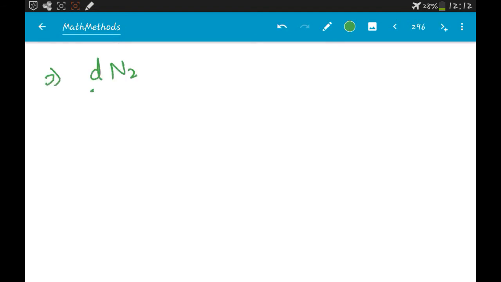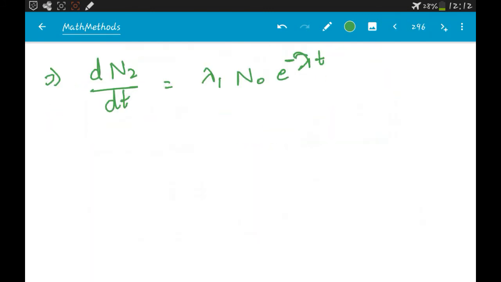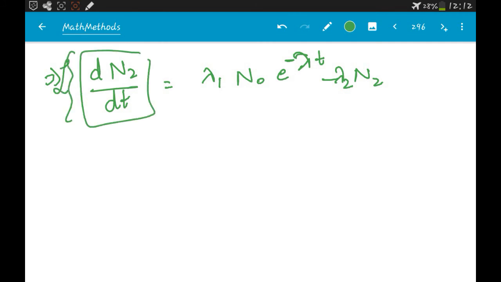We have dn2 by dt is equal to lambda 1 n naught e power minus lambda 1 t minus lambda 2 n2. Now we can apply the same kind of thing here.